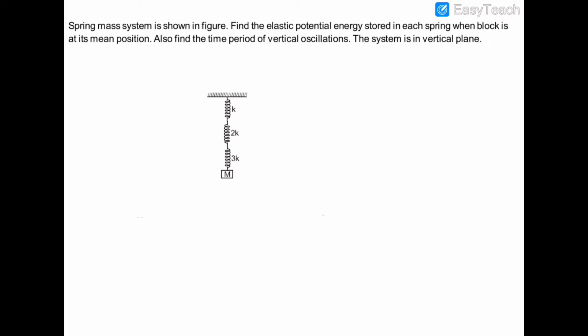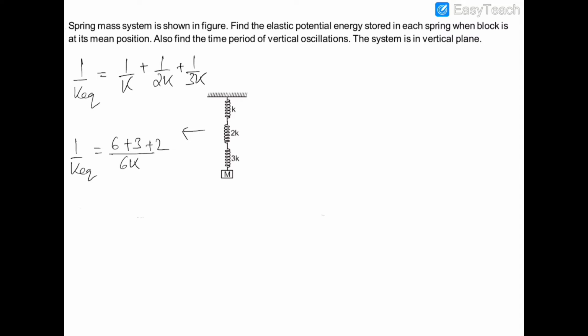So first of all, let us see the equivalent K of this system. K equivalent will be calculated by the formula 1 upon K equivalent is equal to 1 upon K plus 1 upon 2K plus 1 upon 3K, because they all are in series. So the LCM is 6K and therefore it is 6 plus 3 plus 2.